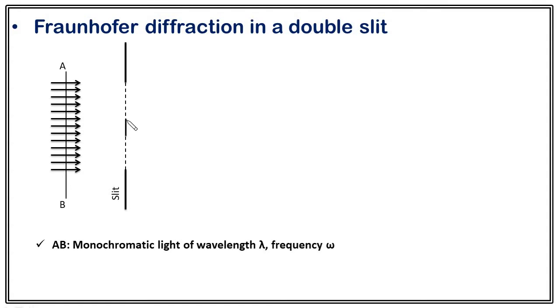To observe that diffraction pattern, we can place a screen. Now we all know for the Fraunhofer diffraction pattern, it is necessary that the object and screen must be at infinite distance from the diffracting object, that means from the slit. The object is at infinity, that's why we are getting a plane wavefront.